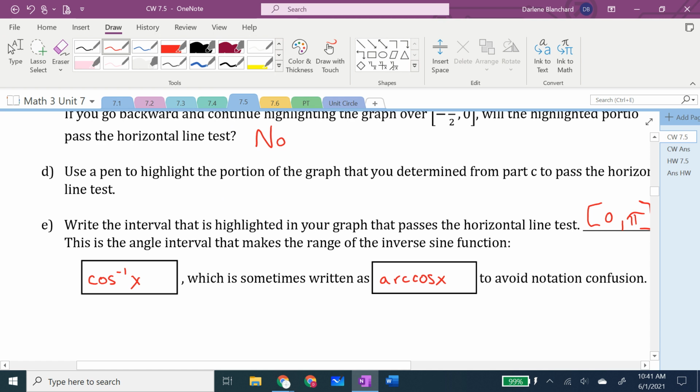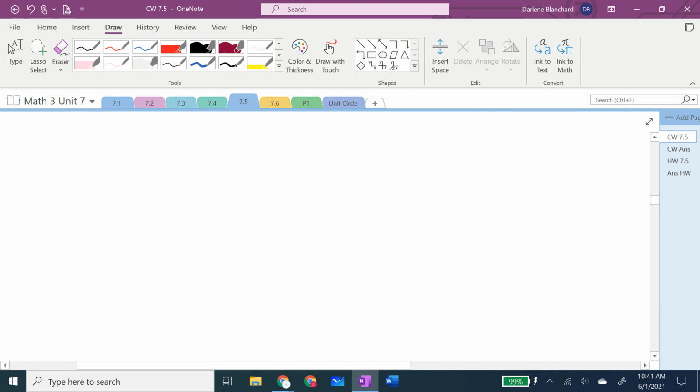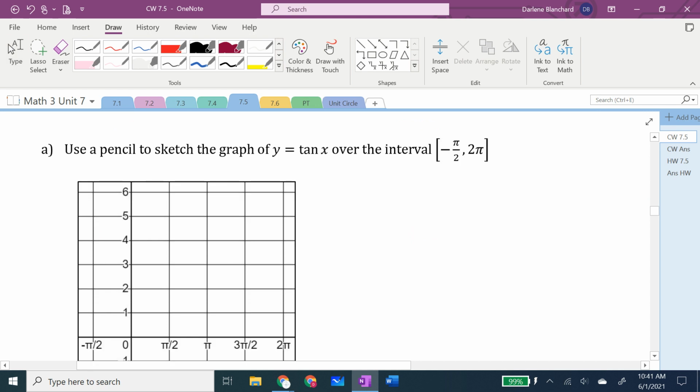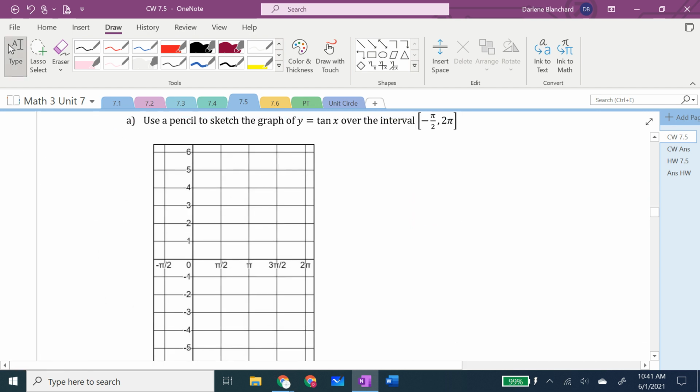Now, we have 4 more trig functions to go and 9 minutes to get it done in. Tangent x. You want to remember that tangent is sine divided by cosine.